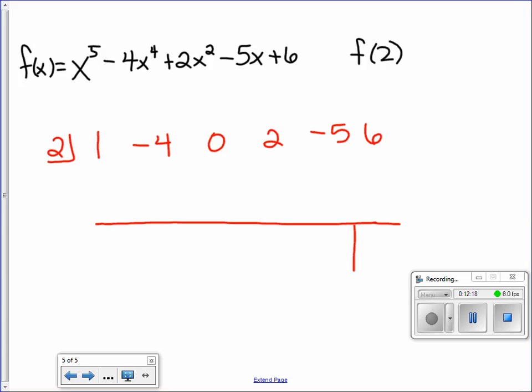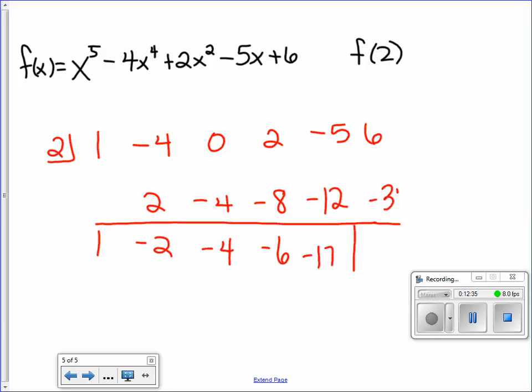Okay, so you can put 2 in, or you can just bring that down. It's 2, that's negative 2, that's negative 4. That's going to be a negative 8, a negative 6, a negative 12, a negative 17, a negative 34, or negative 28. So if I were to put 2 into that problem, I would get negative 28 for my answer. That's just a shorter way.